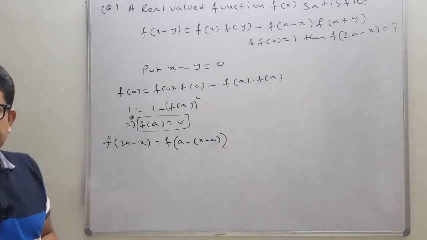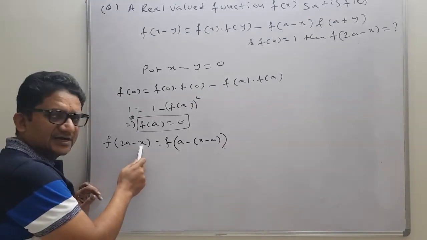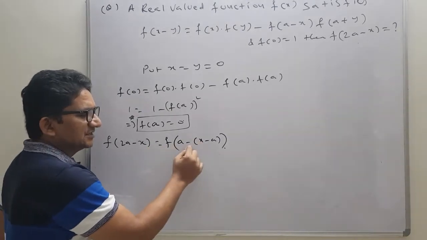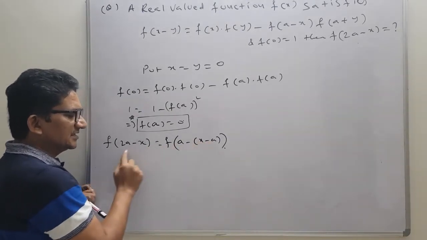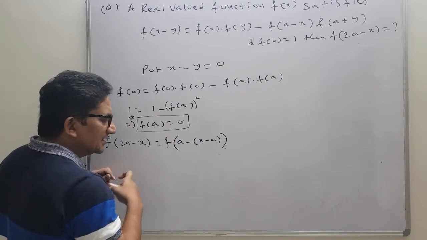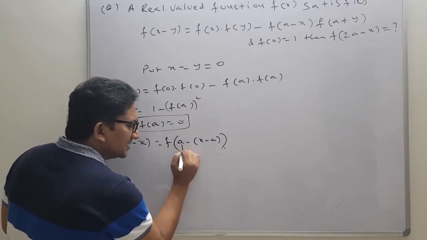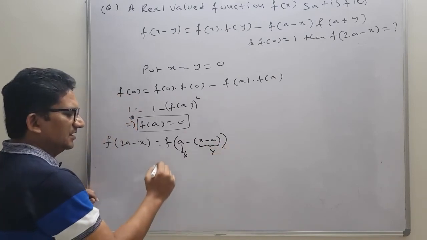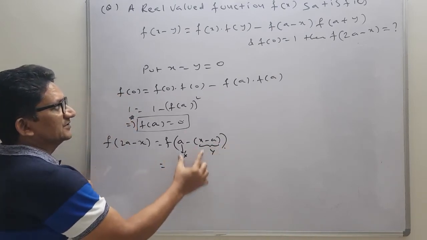Observe students carefully. 2a minus x I am writing a minus x minus a. So a minus of minus plus a. So 2a minus x only we will get. By treating this one as x and by treating this one as y, we can match this one with the given definition.